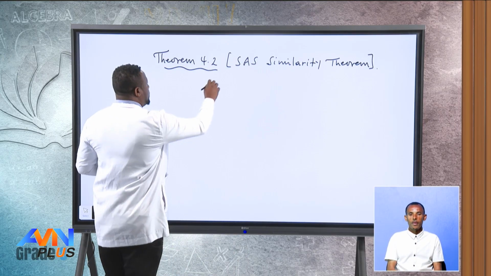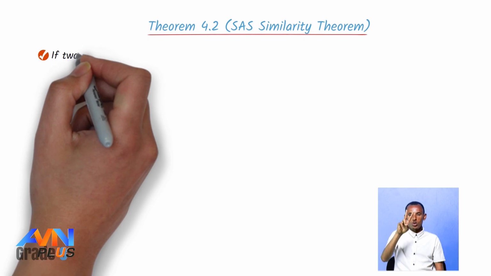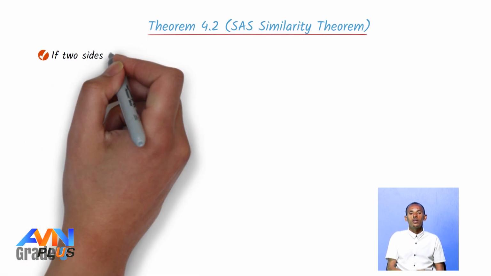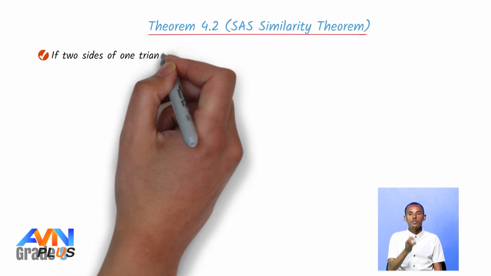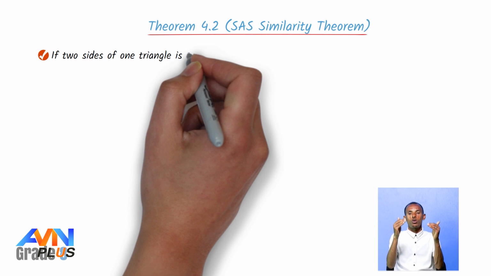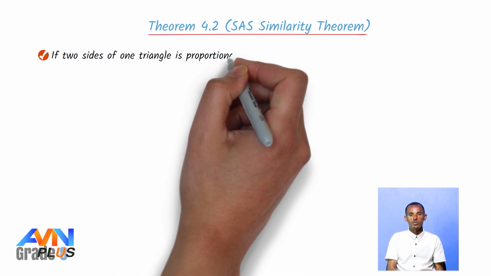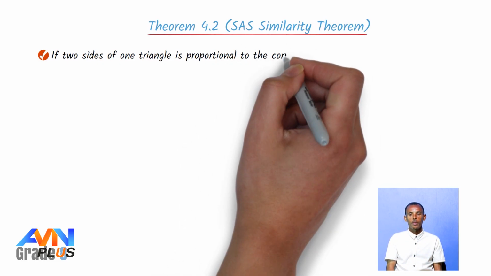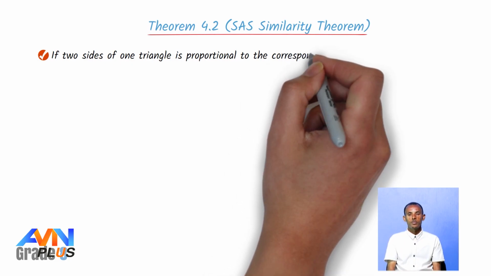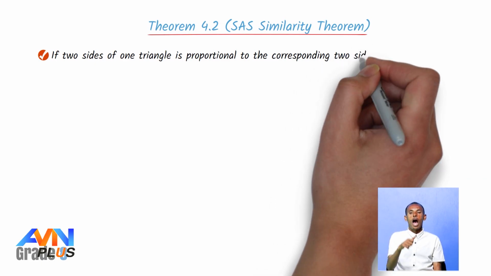So this theorem tells us if two sides of one triangle is proportional to the corresponding two sides of another triangle.